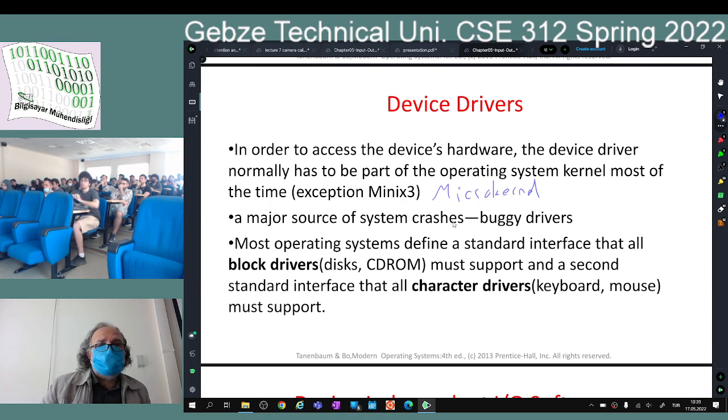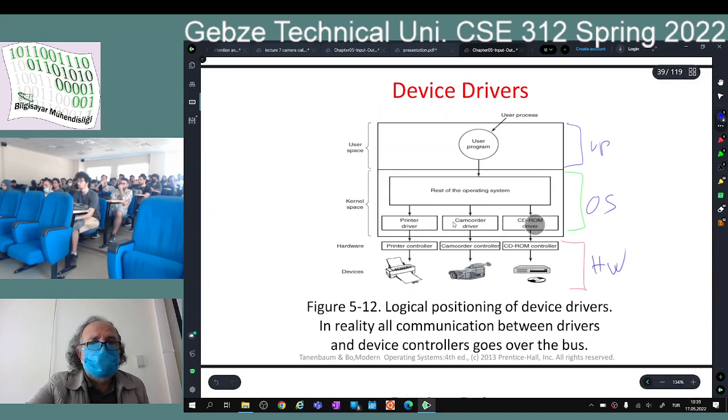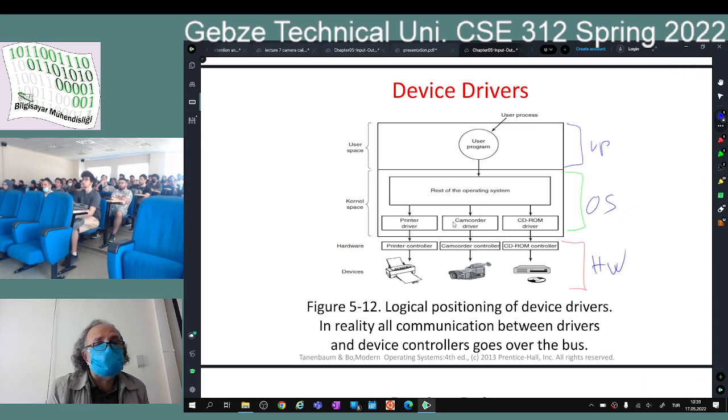So remember, these device drivers need to modify those special registers inside the controllers. Remember those controller registers? And to modify those controller registers, you need to be in the kernel mode. But since for Minix they are running in the user mode, there is a problem. The problem is solved by these drivers asking the kernel to do something for them.